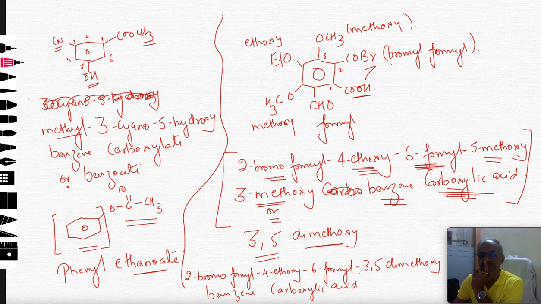Fine. This is the final and the correct answer. This also was correct, but it does not make sense to write 5 methoxy and then 3 methoxy. Rather than that, it is 3 5 dimethoxy. Fine. This is the correct answer.